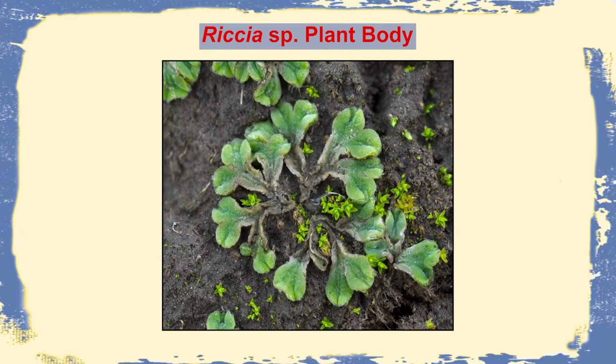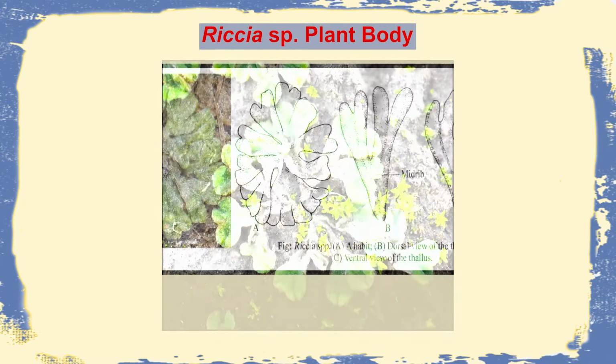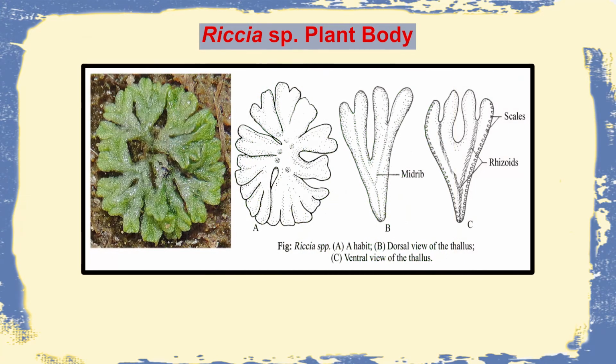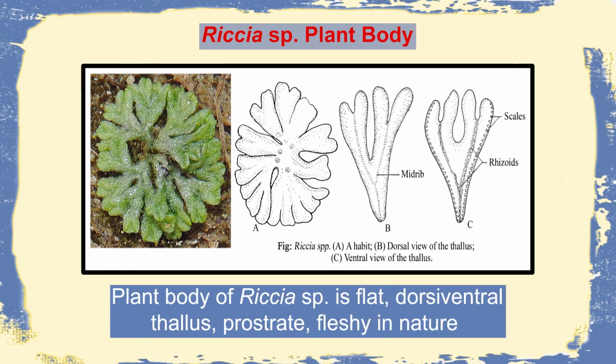Now, I would discuss the thallus structure of Riccia. Riccia is a thalloid structure. In this diagram, we can see the thallus structure of Riccia, which is dorsiventrally flattened and dichotomously branched, and the dorsal surface of the thallus has a structure called the midrib, whereas on the ventral surface of the thallus, there are structures known as the scales and the rhizoids.